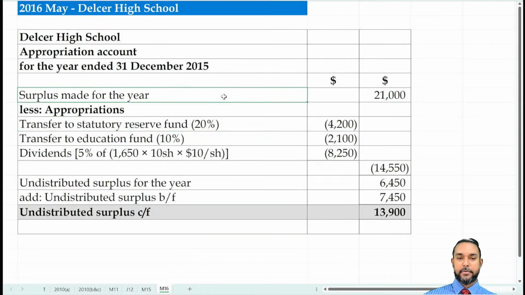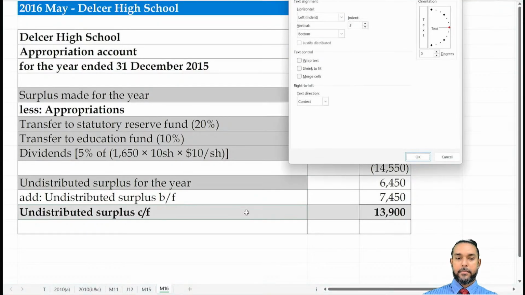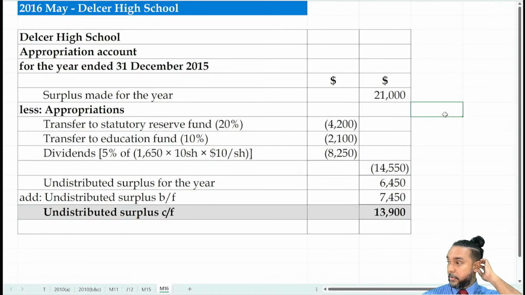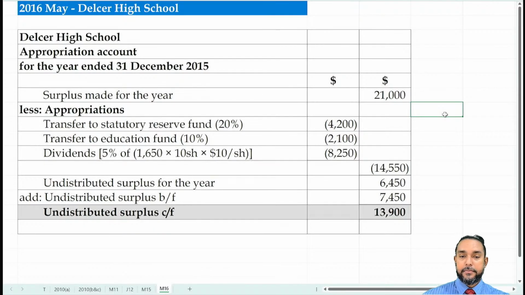Let's see if we could actually shift across some of these things now. Right, so surplus is 21. We appropriate out of that surplus: transfer to statutory reserve fund, 20%; transfer to education fund, 10%; dividends, 5% of 1650 by 100.